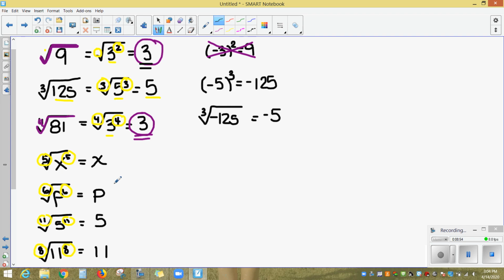So in order to cover our rears, make sure that we don't break any rules, I need to make sure that I give a positive answer, which means I need to have absolute values around that p. Now what I'm not going to do is come back up here and put absolute values around this 3 or that 3 or this 11 right here. Okay? Because when I write 3 or 11 on my paper, it's understood that I mean positive 3 and positive 11.